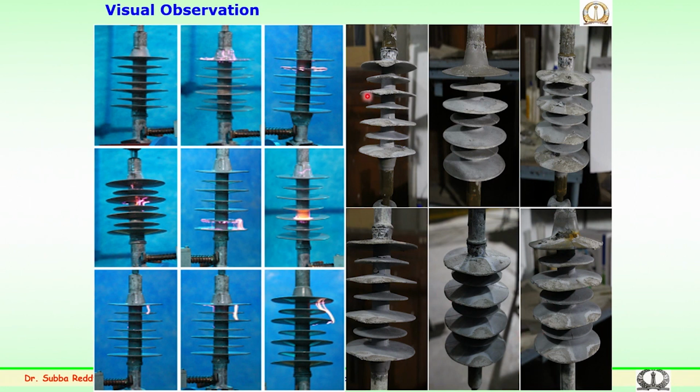So, we have seen the surface completely eroded and degraded. So, this will help to see the sample's performance, losing the hydrophobicity, a similar situation if it exceeds in the field.